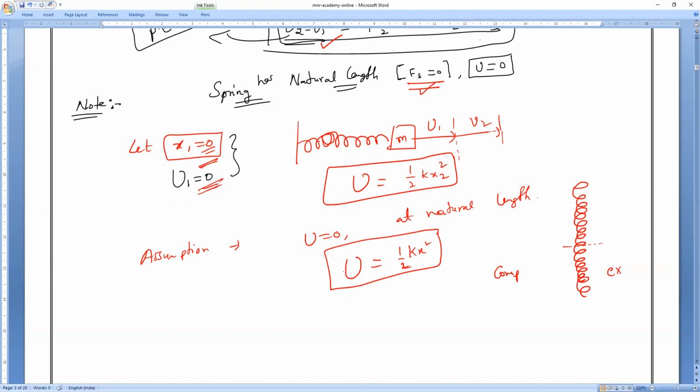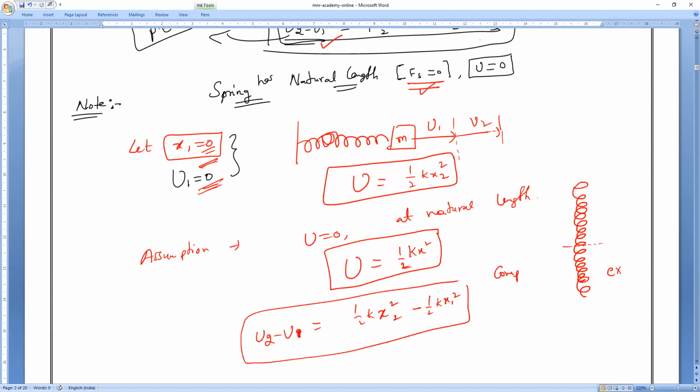Now we have written the change in potential energy: U2 minus U1 equals half k x2 squared minus half k x1 squared. As x1 is equal to 0, this whole term becomes 0.